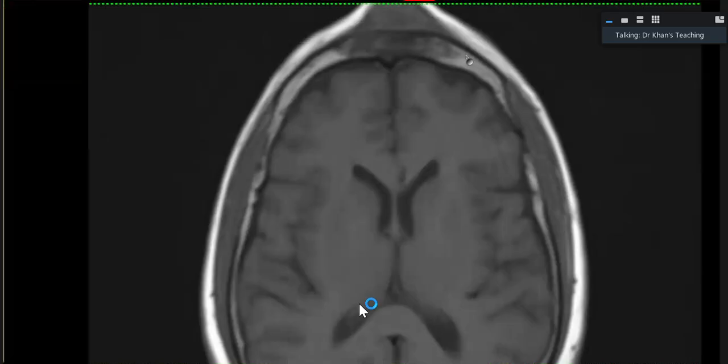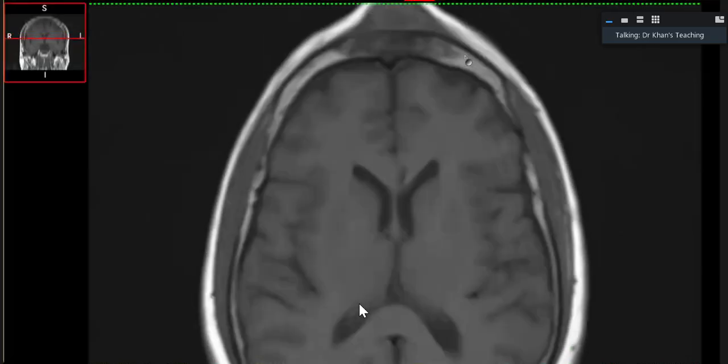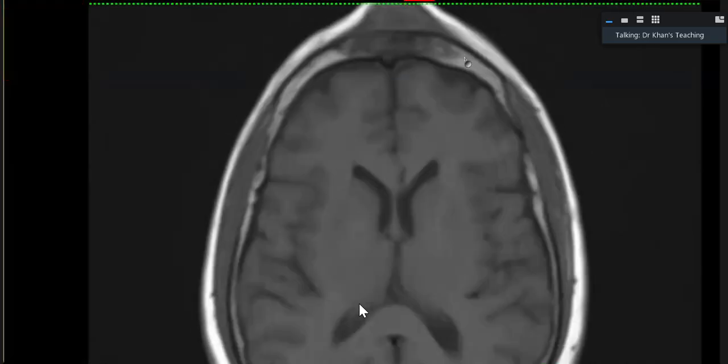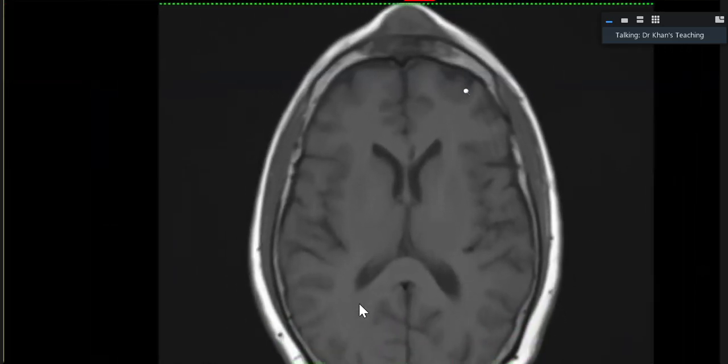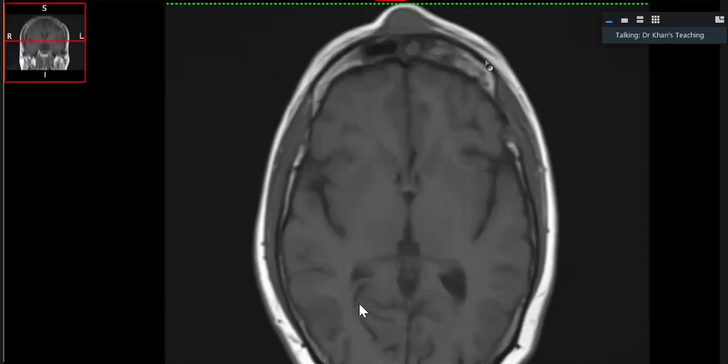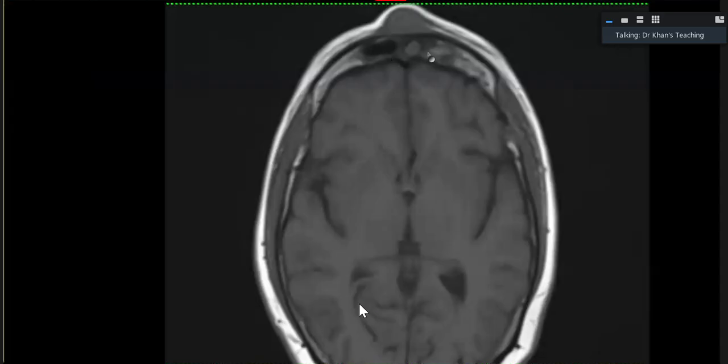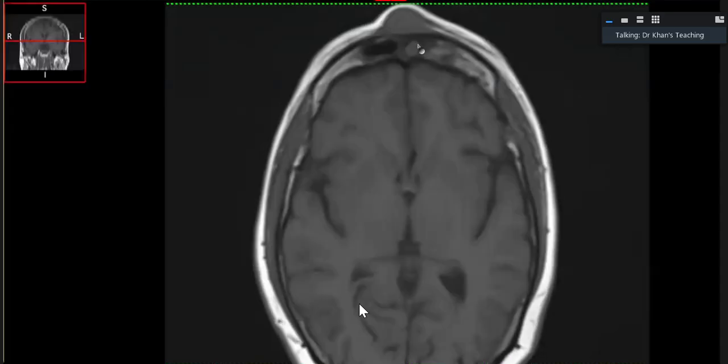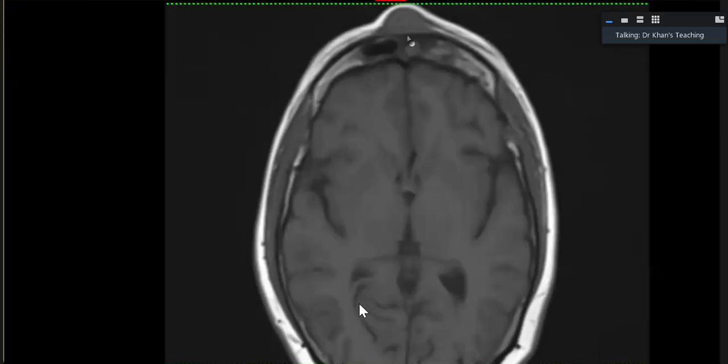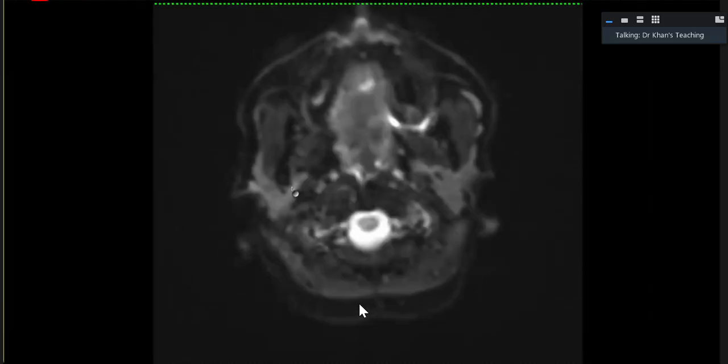So please remember the definition that in marrow, low signal on T1 and high on STIR or any T2 weighted sequence, that is abnormal. With that, if you see here, this is the frontal sinus. Within the left frontal sinus, there is a localized collection, and then there is soft tissue. So the candidate did well, did not ask for T1, which should have been asked, and then asked for diffusion, which was fine.